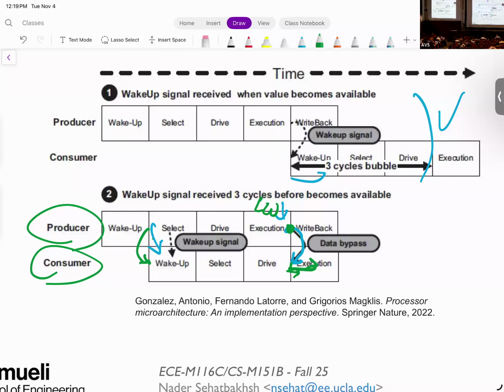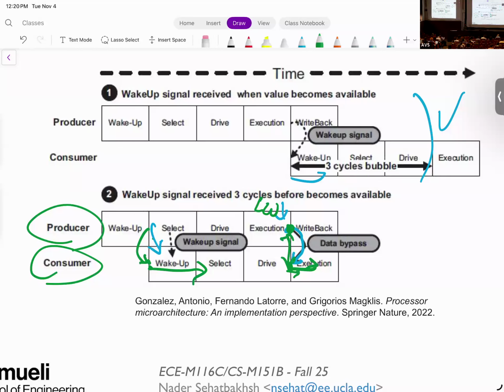So this is another form of speculation, right? It's like branch prediction. Remember, in branch prediction, we assume that the path will be taken or not taken. Here we assume that the value will be ready, but it may or may not be. So you take the chance, you take the prediction, you guess that it might be ready, you let it go. But if at this point I see the data is not ready, what should I do?